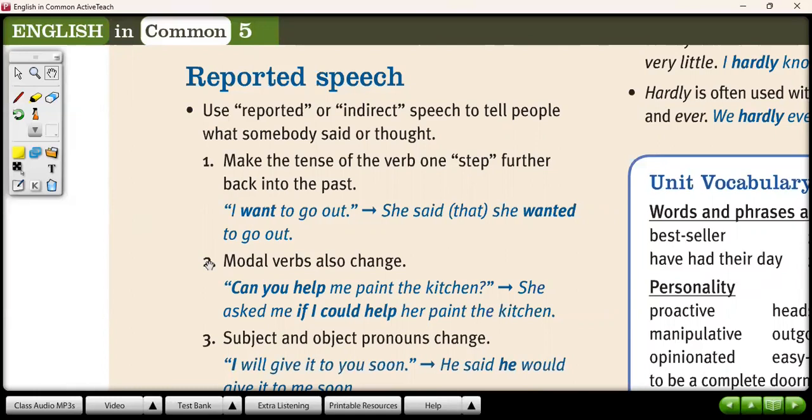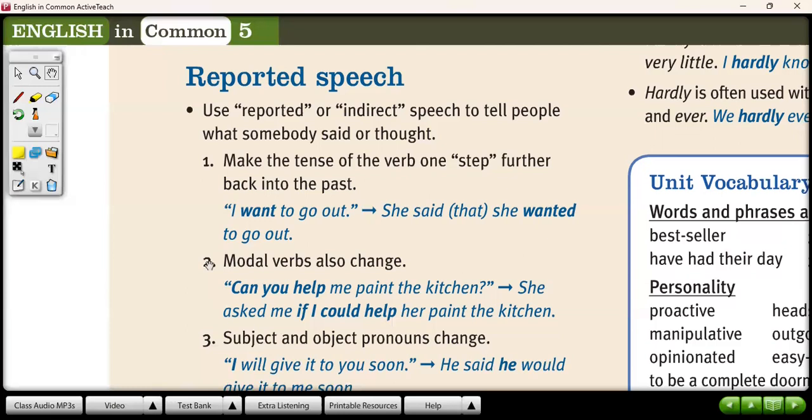And this person, when writing a report about this meeting, needs to use this structure, okay? But reported speech is more common in formal language, especially written English. But sometimes, of course, we use this structure when speaking too. But when speaking, we don't need to worry too much about this, okay? It's more important in written English.